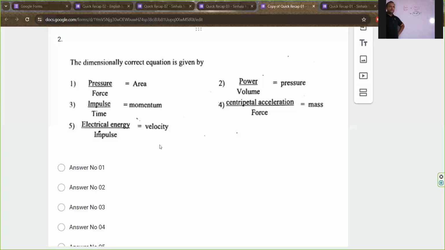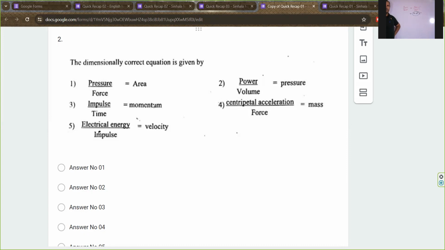The next one: you know the equation, no? Impulse means momentum difference, not momentum. Therefore, impulse is not equal to momentum times time.